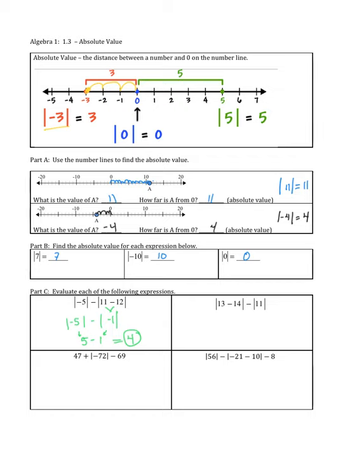Do the operations in the brackets first. 13 minus 14. Oops, that's not going to work. 13 minus 14 is -1. But we're still in the absolute value bars. Minus, I'm just bringing the 11 down. I hate it when we use 11s and 1s with absolute value bars. Can you see why?